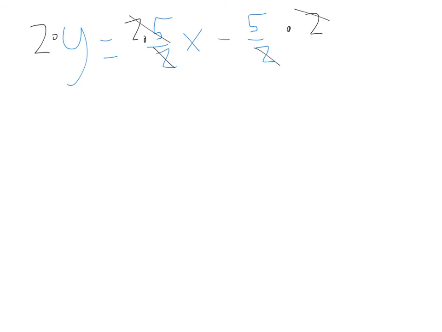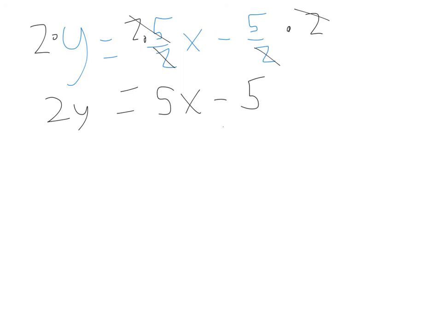Now, to figure out the equation of the line in standard form, you take the slope-intercept form, multiply everything by 2 because the denominator is 2. So you're left with 2y equals 5x minus 5, because the 2's would cancel out on the right hand side.